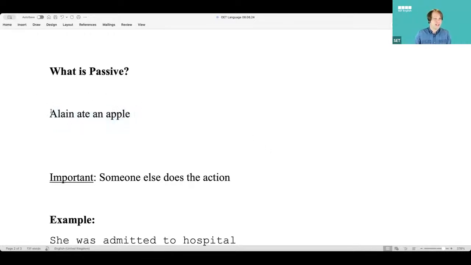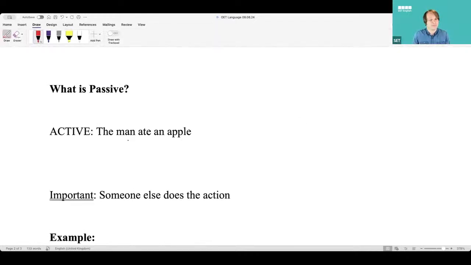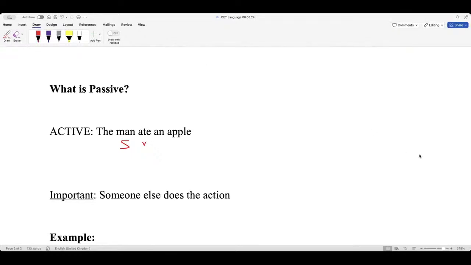Now let's look at an active sentence, because it's a good way to start. So Alan ate the apple, or we can just say the man ate. Where's the subject here, guys? The man. Alan is the subject, and then the verb is ate. And do I have to review what subject means? Does anyone here not know what a subject means?